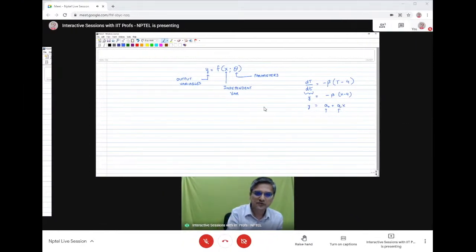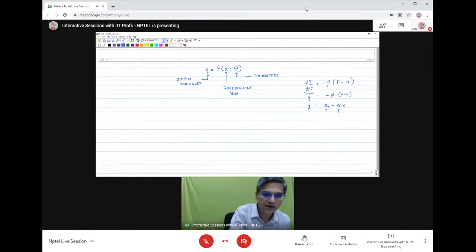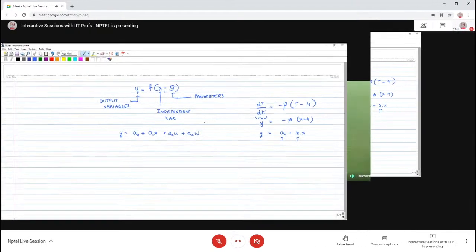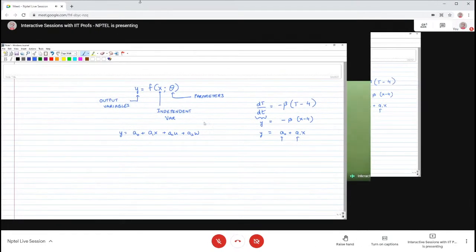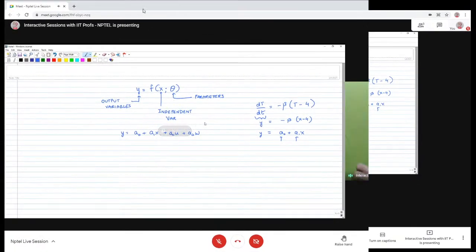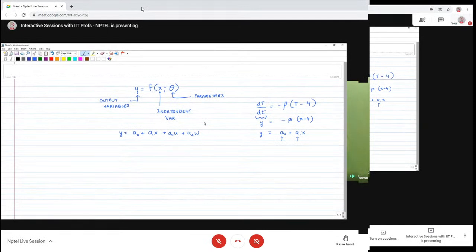So the type of problems that we have looked at is, for example, y equal to a0 plus a1x, or plus a2u plus a3w. It really doesn't matter. This is an example of linear curve fitting.